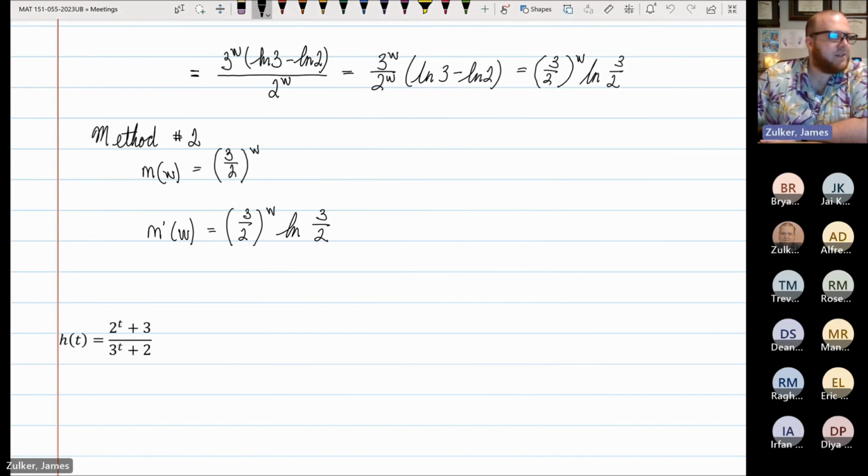That means you're going to have to keep in mind those properties as well, the properties of logs and the properties of exponentials. While not necessarily mandatory, they could make the problem a lot easier.